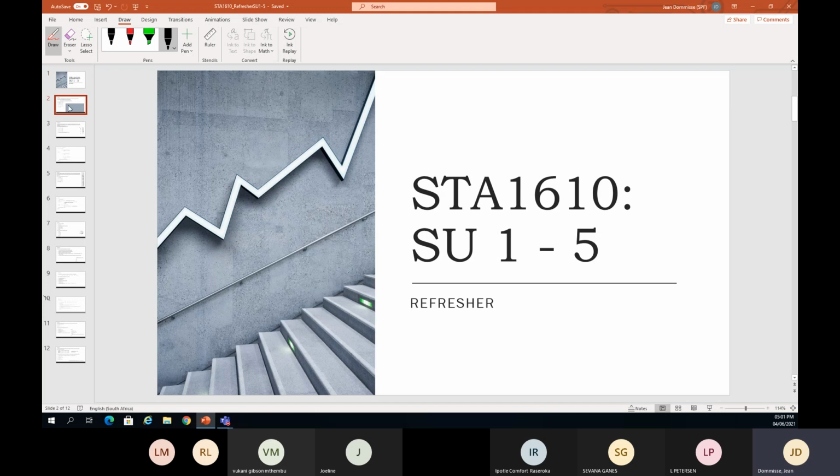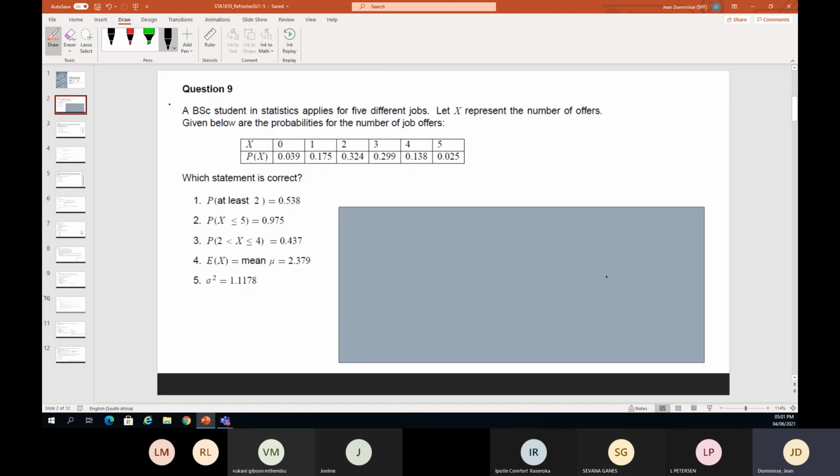Okay, so the first one that I want to look at is discrete. I think that is some of the questions we had on the chat in the last week as well. How do you identify what this distribution is?